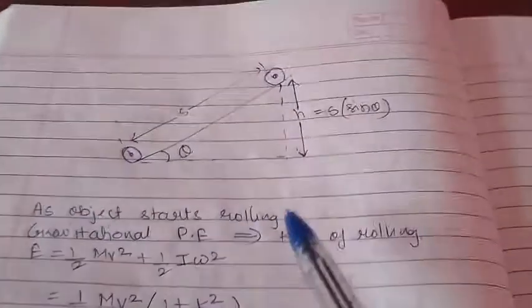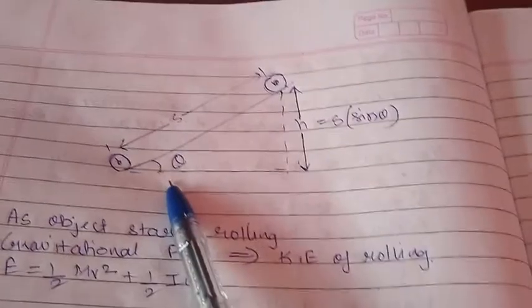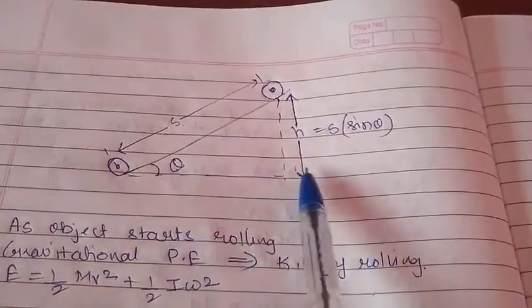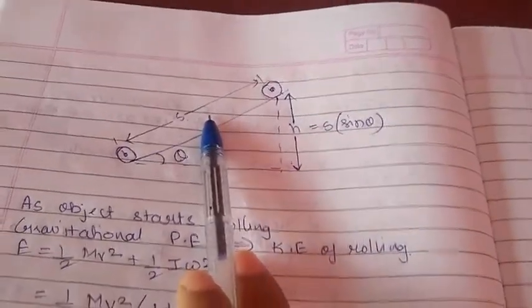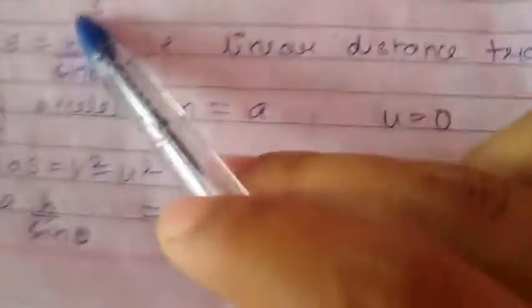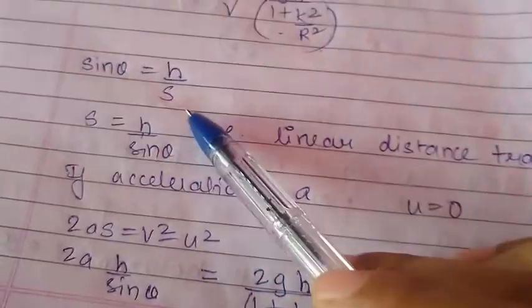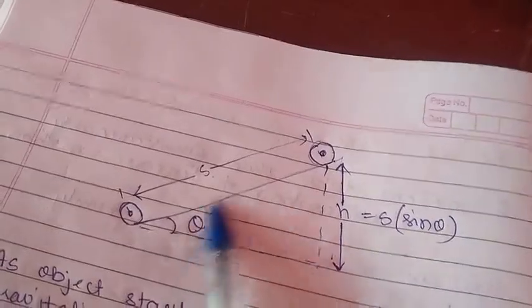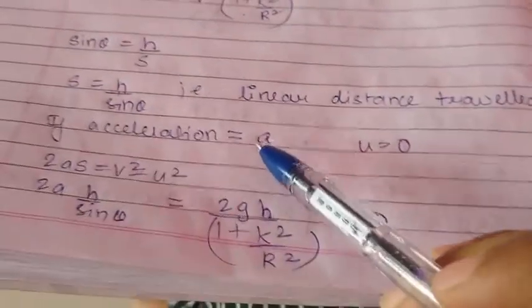From this diagram you can see that sine of theta is opposite upon hypotenuse. So sine of theta you can write as h by s, and so s is equal to h upon sine theta. This s is the linear distance traveled by the object during the rolling motion.